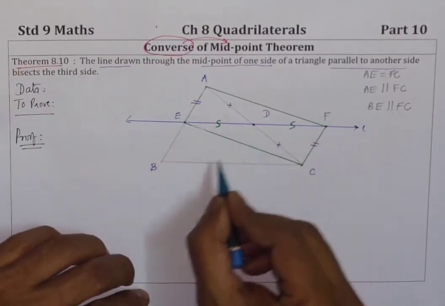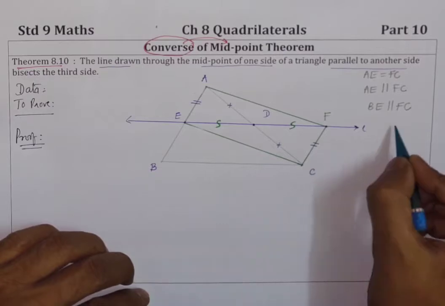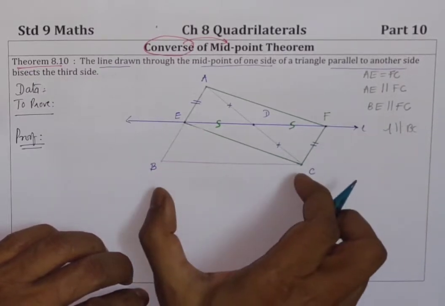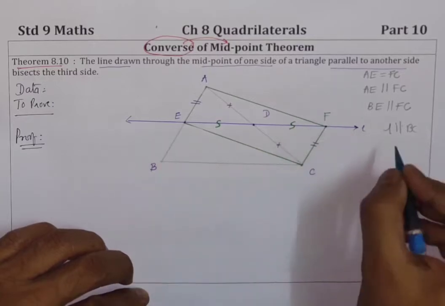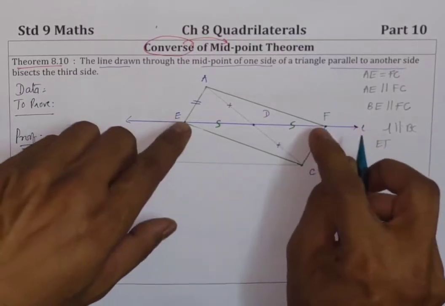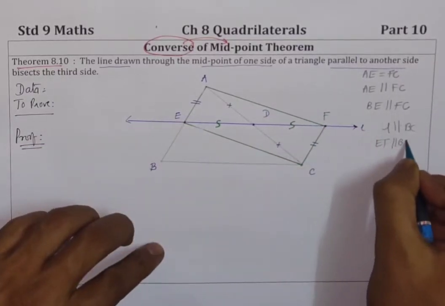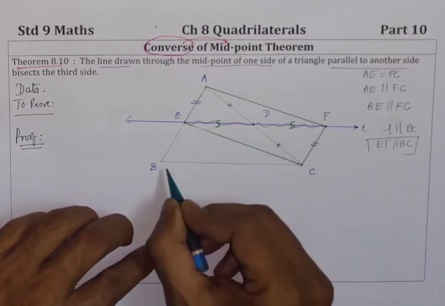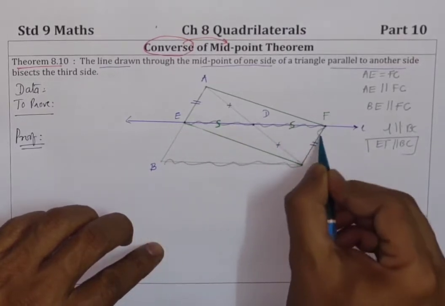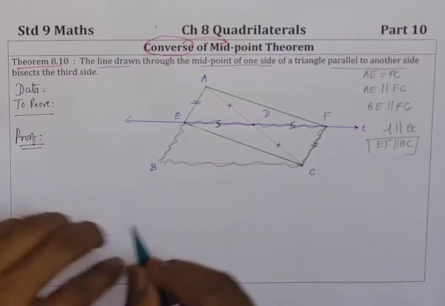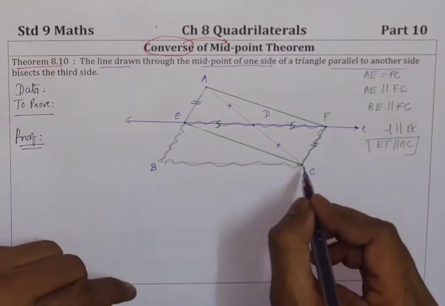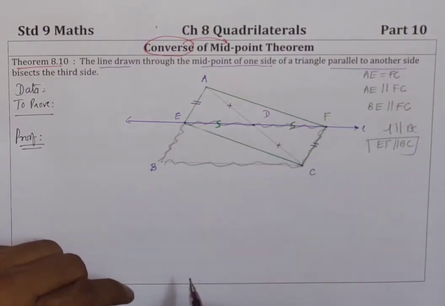Now, this ED, that line L, is parallel to BC by data. Instead of line L, you may say EF is parallel to BC. See children, this EF is parallel to BC and FC is parallel to BE. So quadrilateral BCFE is a parallelogram.